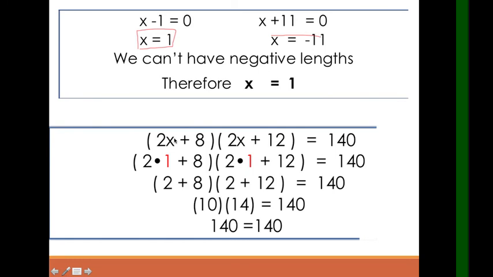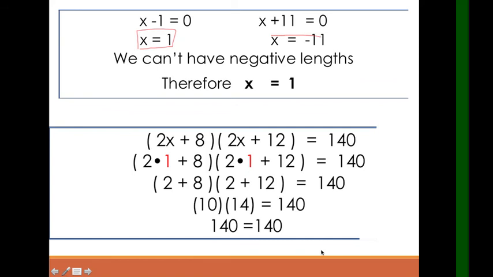Okay? So, kung papalitan natin ng 1 yung ating equation kanina to check, this is 2x plus 8, right? Then 2x plus 12 equals 140. So, papalitan ng 1 yung x. So, we will have 2 times 1 plus 8, and then 2 times 1 plus 12 equals 140. And that is 2 plus 8 and 2 plus 12, and that is 10 times 14, and the answer is 140.